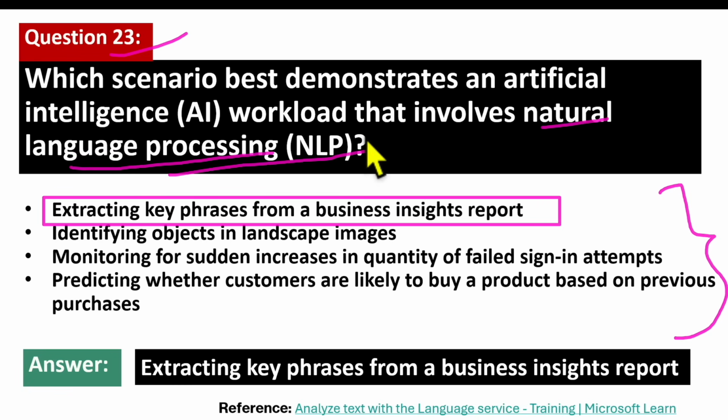NLP is a field of artificial intelligence that focuses on the interaction between computers and human through natural language. The goal of NLP is to enable computers to understand, interpret, and respond to human languages in a way that is both meaningful and useful.